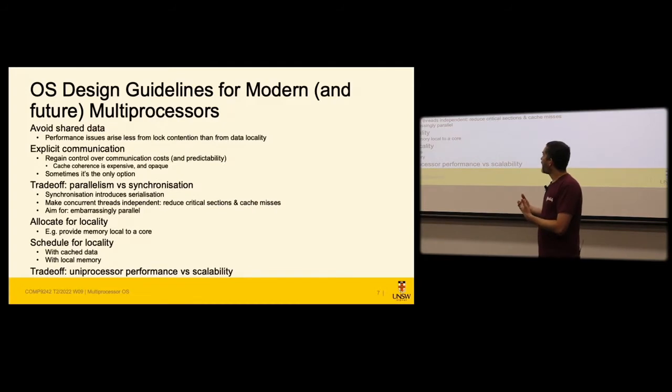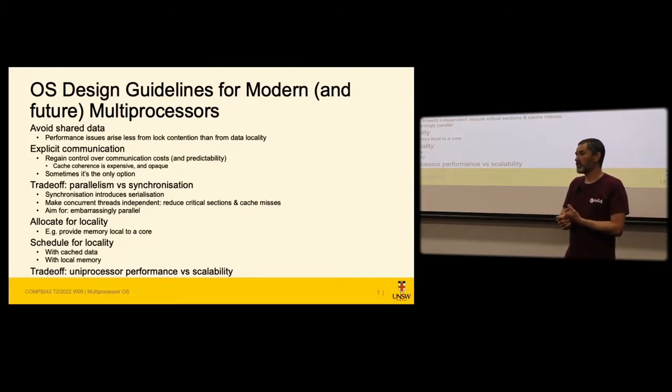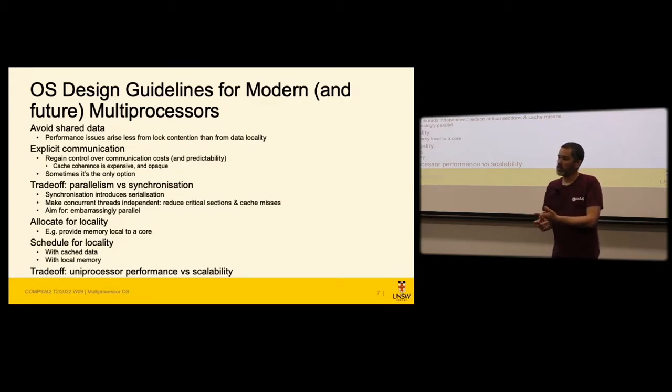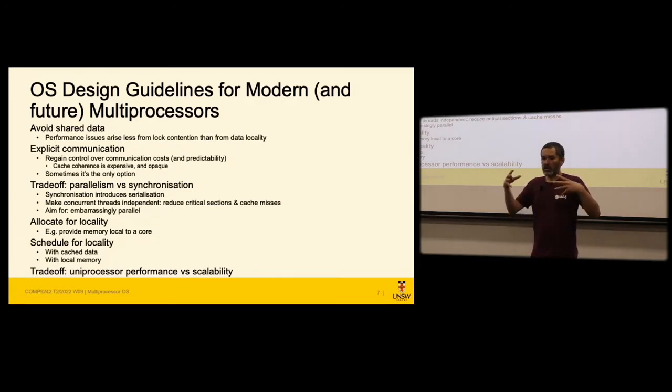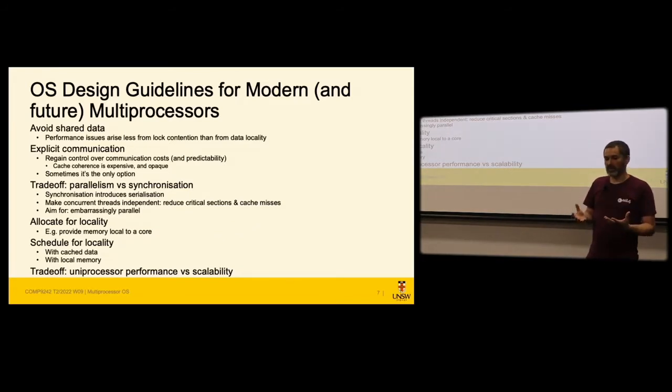And a lot of that is, A, expensive because it gets really complicated to keep those caches coherent, but also opaque in that you don't have a good insight into how that's implemented in your hardware. And so you're relying on this expensive but potentially opaque mechanism for your communication. And that's a problem because then it's harder to optimize for that.